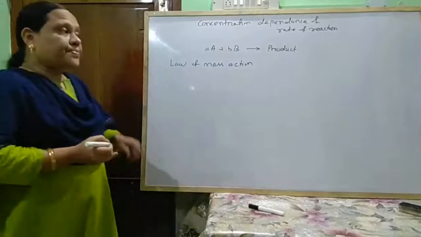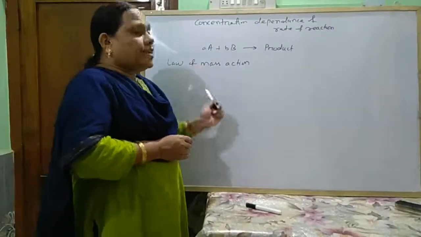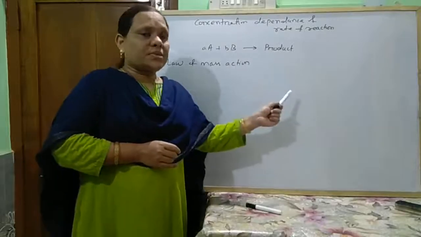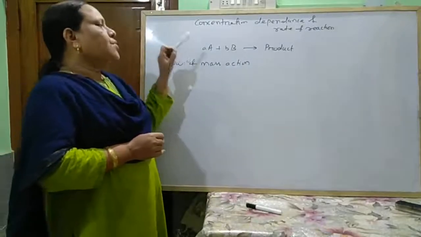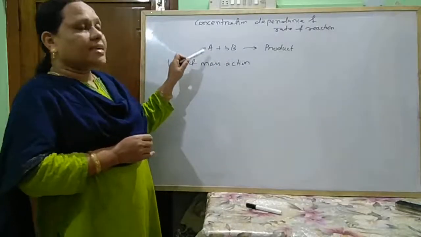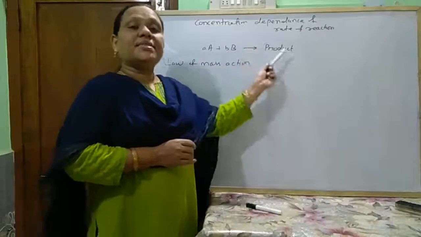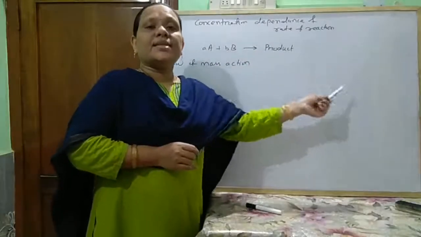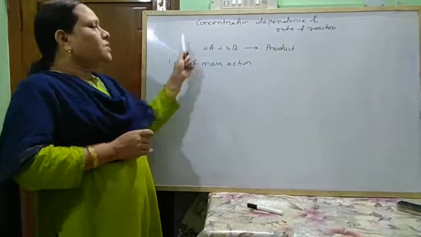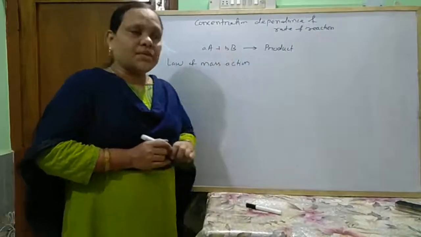So what is that? The rate of a reaction is directly proportional to the product of molar concentrations of the reactant species, each term raised to the power equal to its coefficient as represented in a balanced chemical equation. Suppose this is a balanced chemical equation, aA plus bB gives rise to products.